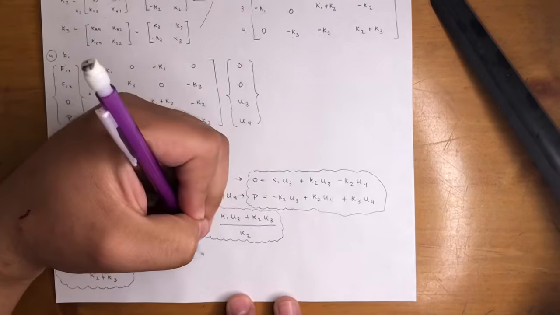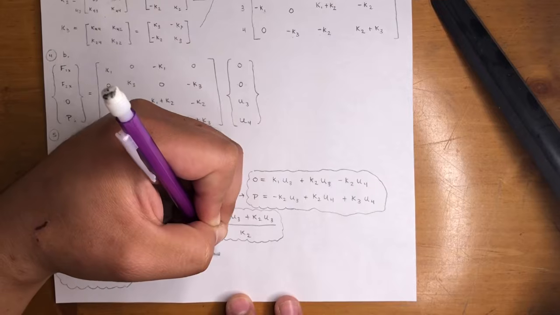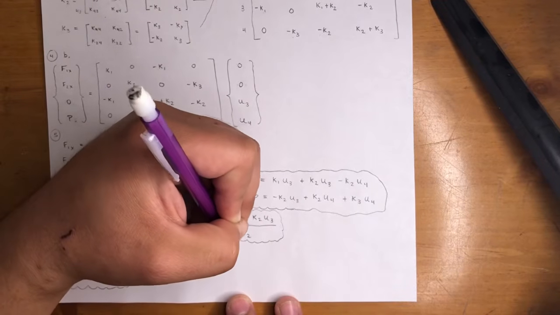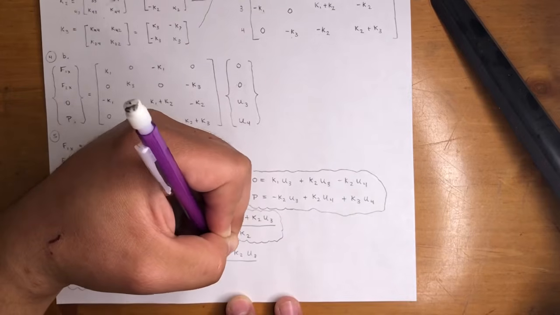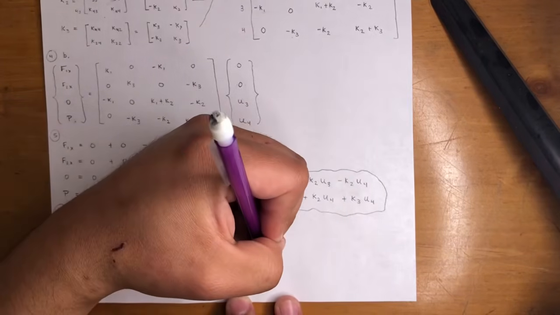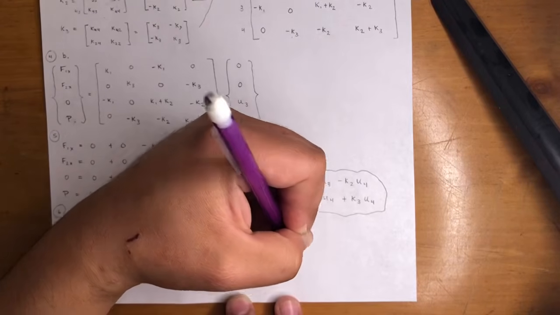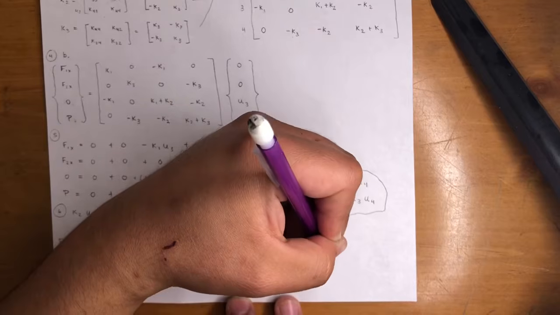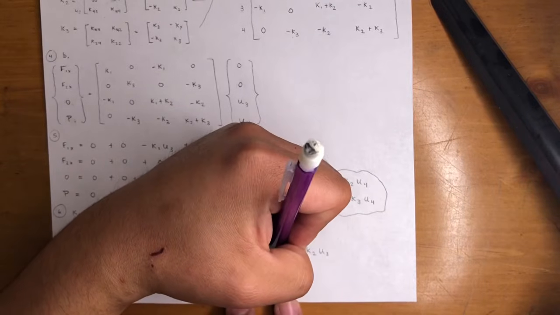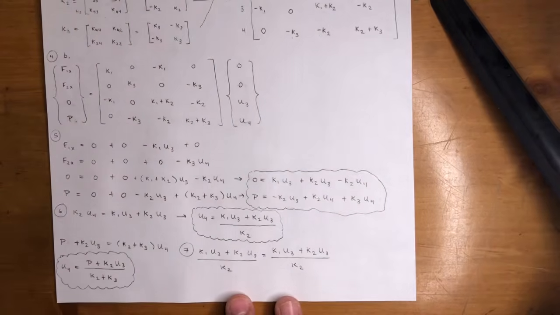Set them equal to each other, you'll get K1U3 plus K2U3 over K2 is equal to K1U3 plus K2U3 all over K2. Okay, so let's see what we could do.